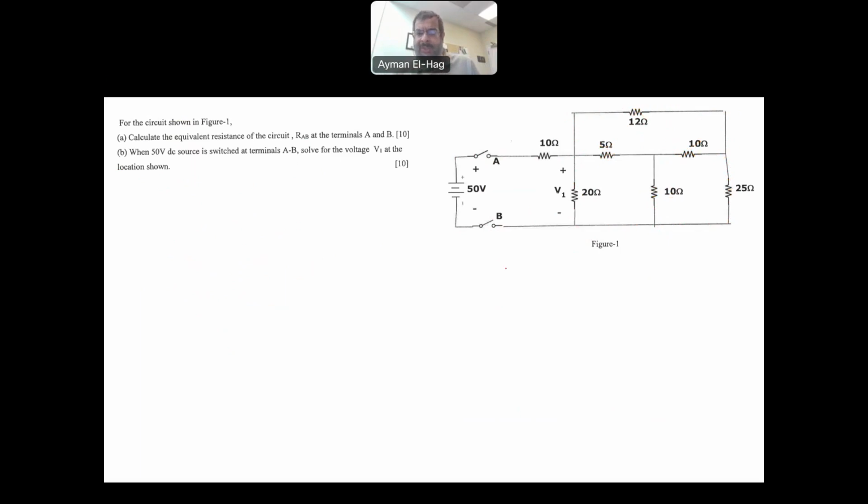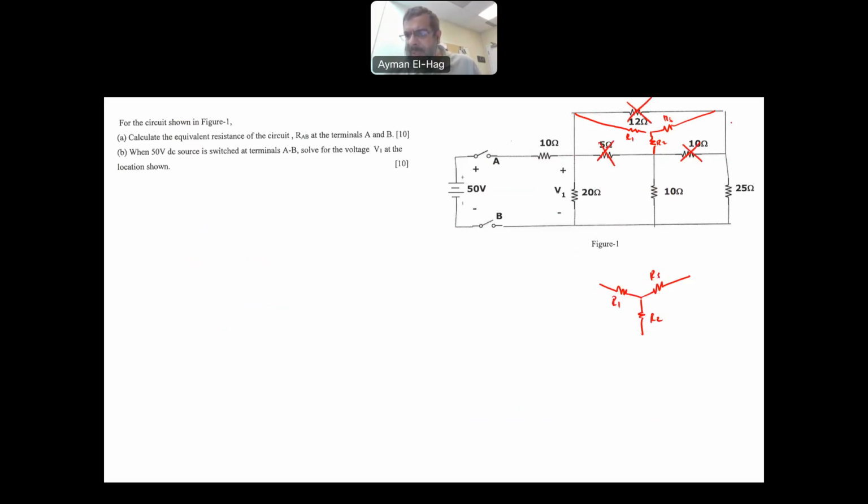So I will just redraw this and remove the other. This is my R1, this is my R2, and this is my R3. We know all the values of these.